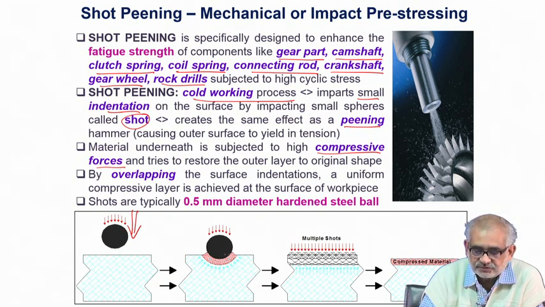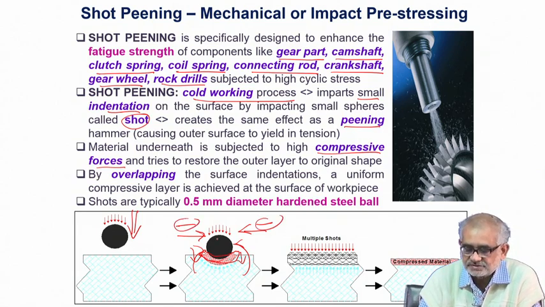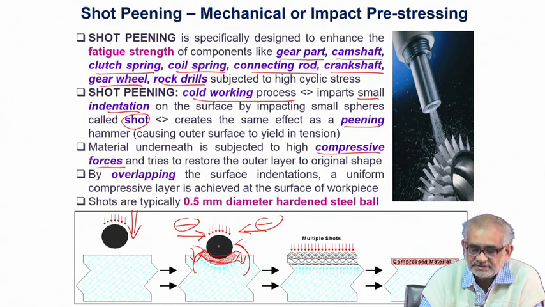When it impacts the surface, we create a certain deformation zone like here, and as we create the deformation zone, we push the material downwards, and the reaction to that is such that the material will try to come back. And when it tries to come back, the state of stress that we create on the surface is compressive in nature. So we create residual compressive stress on the surface. Now this is for a single impact.